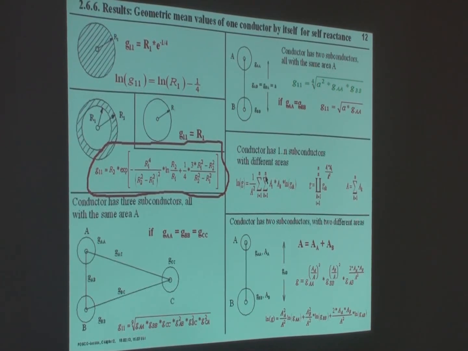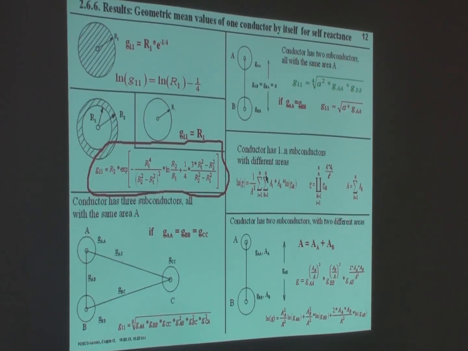Then we have this one, and then we can use this formula, G11 is R. But what is the way to this? You have to build the logarithm of this, and then you have to use L'Hopital's rule. Because it's not allowed to divide through zero.